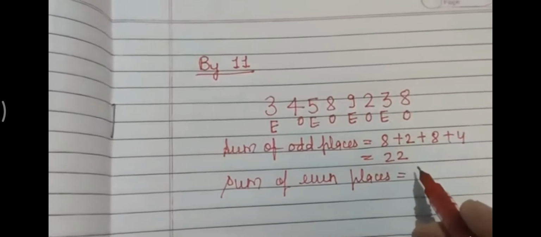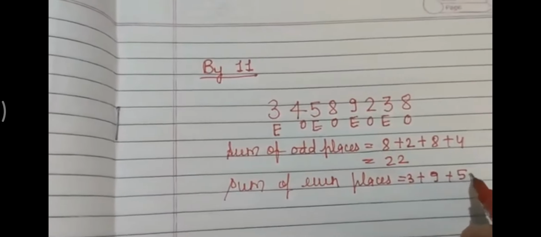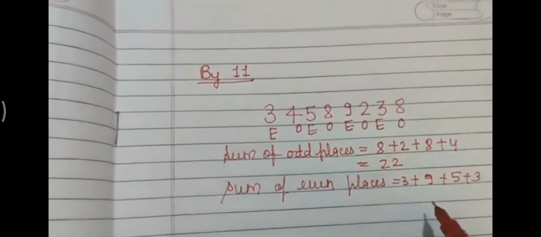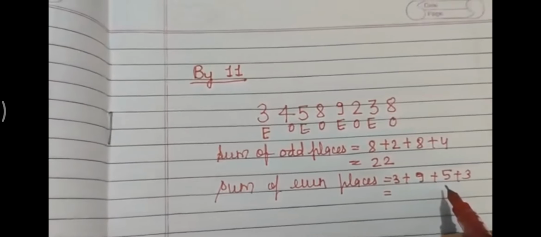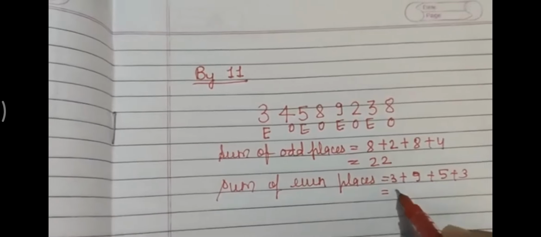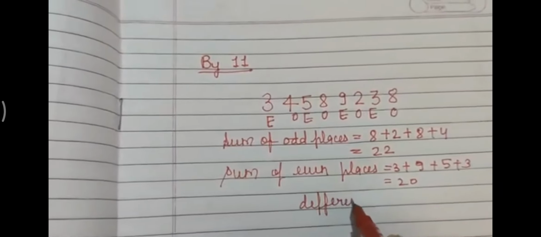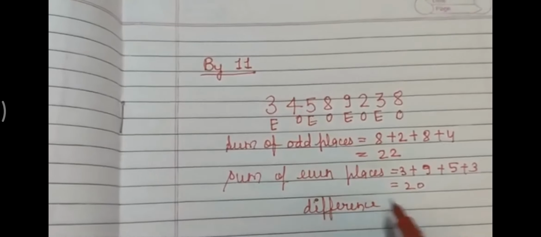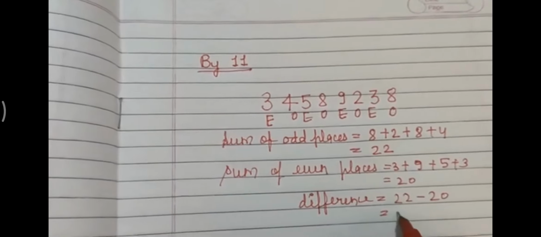These are 3, 9, 5 and 3. So 3 plus 9 is 12, 12 plus 5 is 17, and 3 is 20. Now the difference is 22 minus 20, that is 2.